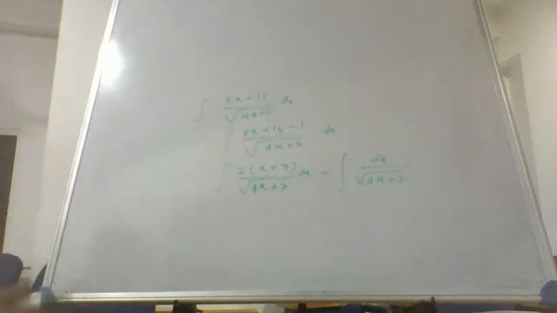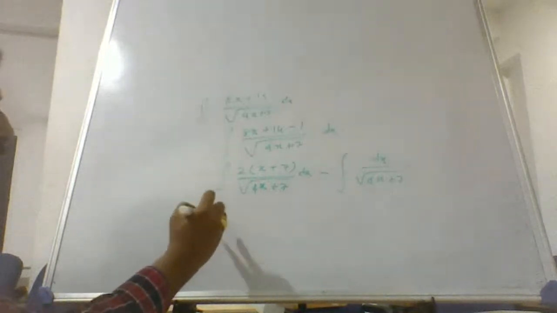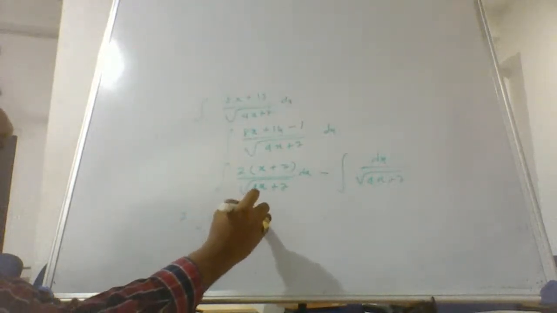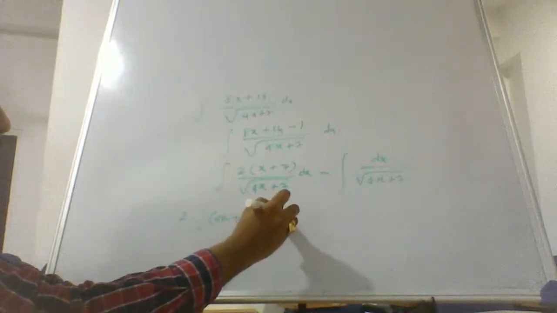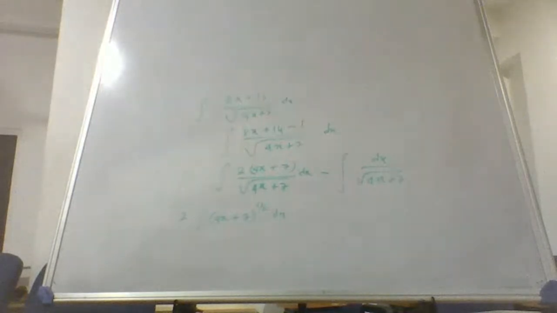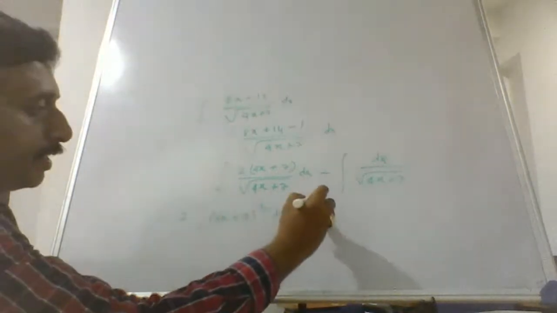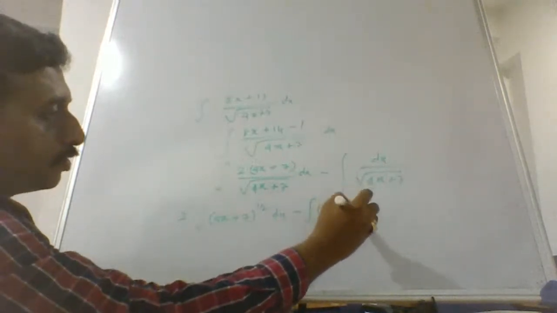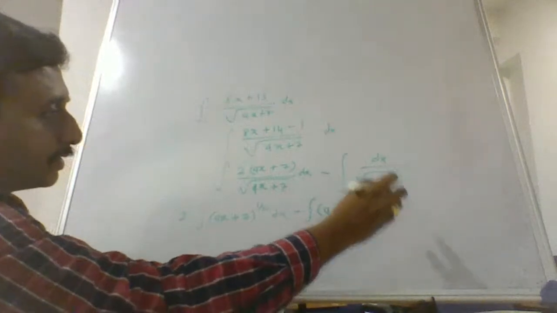Now when you cancel this out, I arrive in the numerator at (4x + 7) to the power of half dx. So this will be minus integral of (4x + 7) to the power of half into dx.